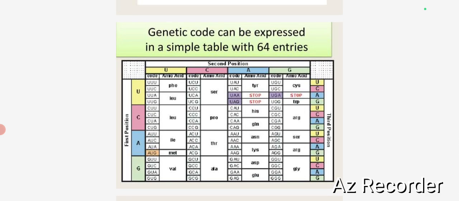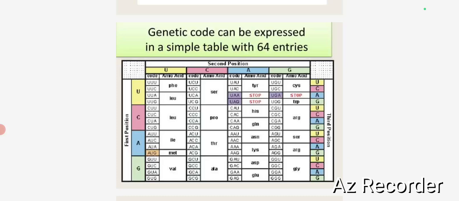Next, the genetic code can be expressed in a simple table with 64 entries. Here there are 4 nitrogenous bases, for example U, C, A, G, for the first position, the second position also U, C, A, G, then the third position U, C, A, G. In this way, these nitrogenous bases can be arranged alternately.